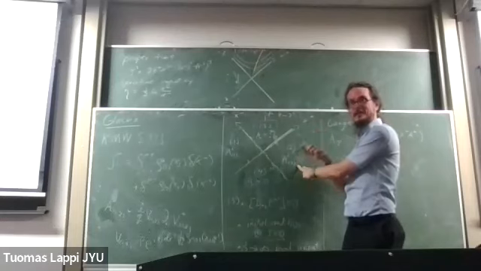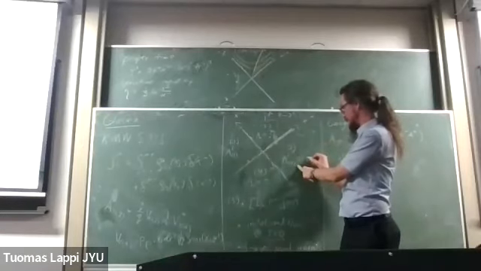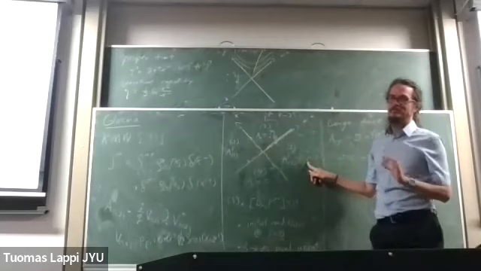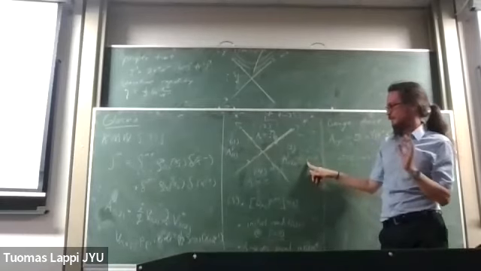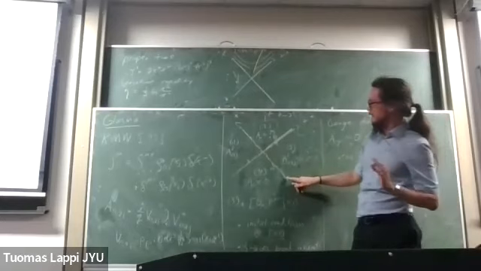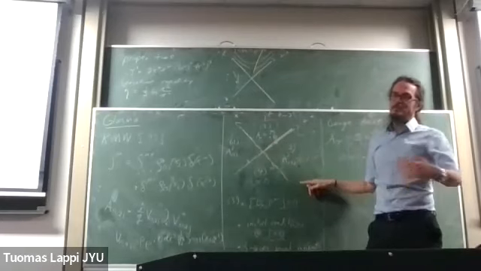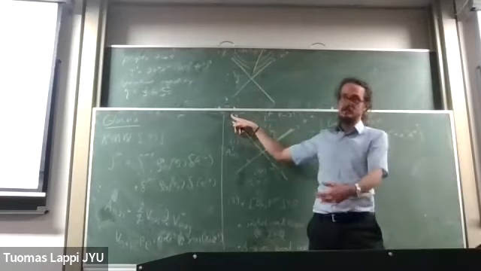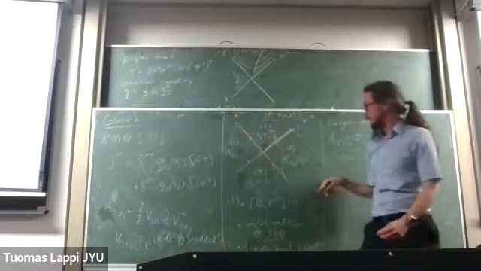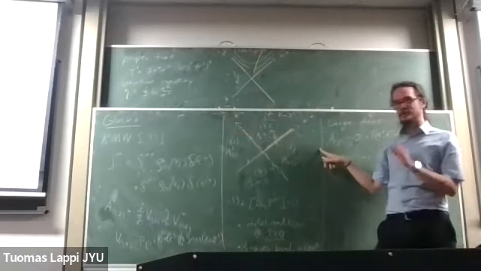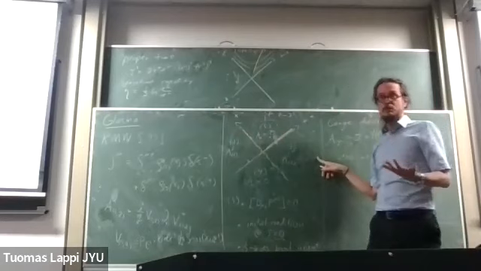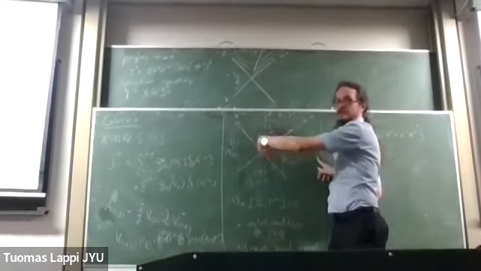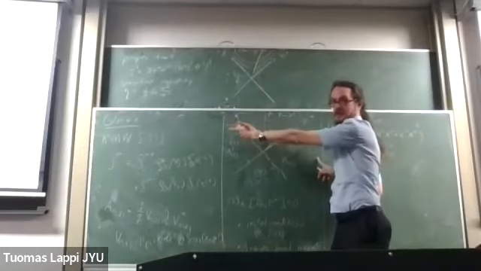And then accidentally, our solution also had A plus equals 0. This was the result of the fact that we argued there's no x minus dependence. When doing the gauge transformation, this current did not depend on its appropriate light cone time x minus. So for this field, A minus equals 0 was a gauge choice, and A plus equals 0 was just an accidental property of the solution, related to the fact that this current was not depending on its time variable, right?